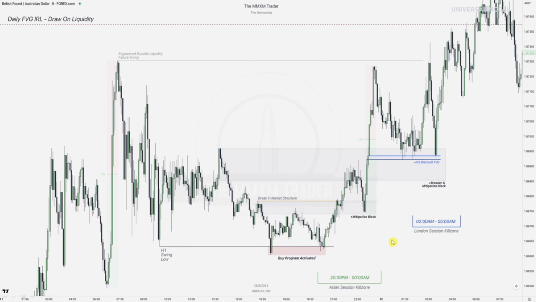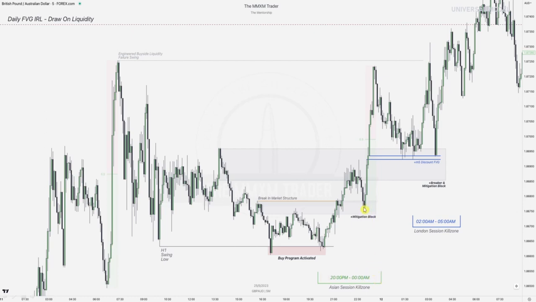With the market maker models, we're outlining those mitigation blocks once again to make it even more clear. We want those discount fair value gaps, those discount order blocks to form in our mitigation blocks from the sell side of the curve. On the sell side of the curve, we've got this mitigation block after that break of structure, in line with that order block inside our kill zone.